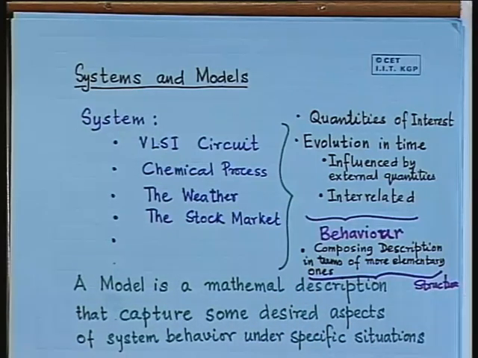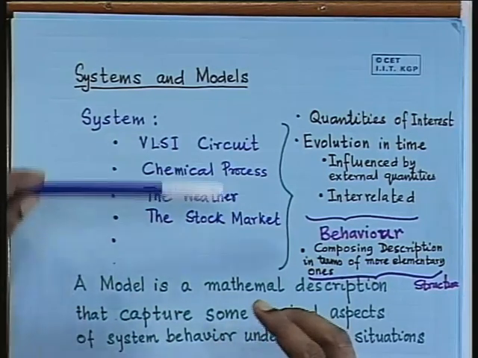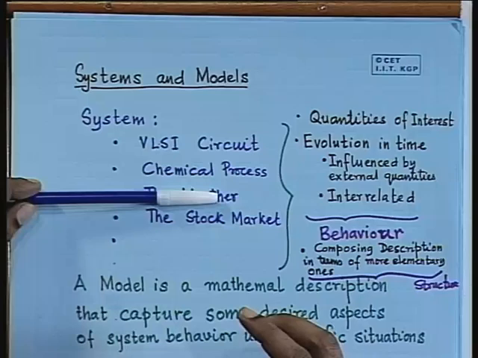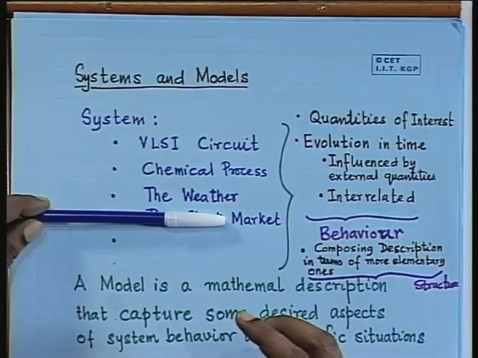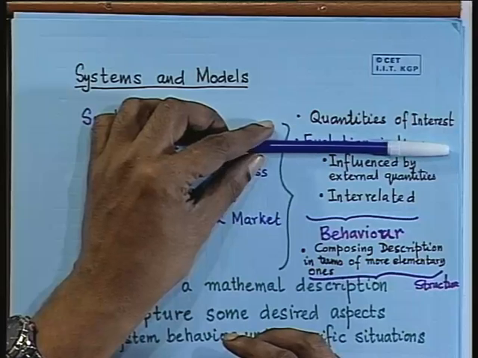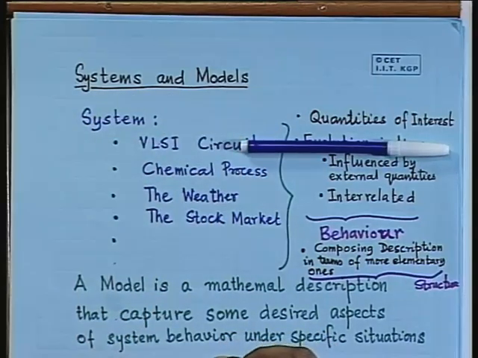To get an idea of what we mean by systems, to arrive at an abstract definition, you must distill out the common features in these. What is the common feature? Related to each one of them, there are some quantities of interest. For VLSI circuits, or for any circuit, it may be voltages and currents, signals or their properties.